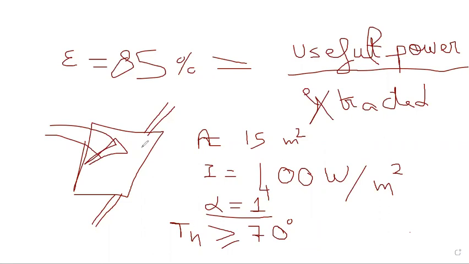In this problem, the initial temperature of water, T initial, is equal to 25 degrees, and the mass flow rate passing through the system, m dot, is equal to 0.025 kilogram per second.